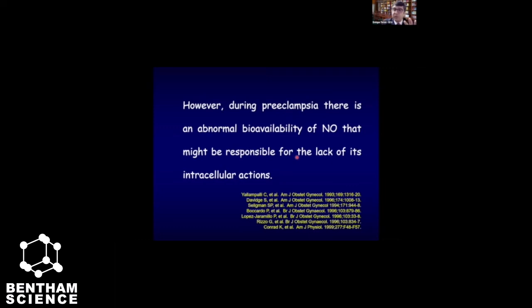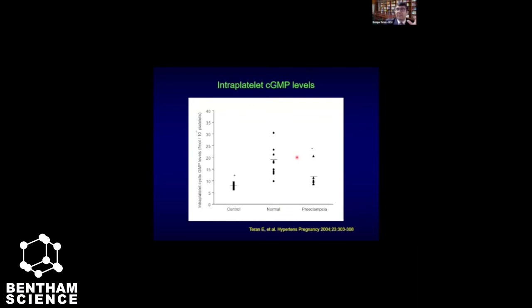So we decided to try to answer this question, and we set up a very interesting model to measure intraplatelet cyclic GMP levels to try to approach what is happening. If there is nitric oxide or there isn't nitric oxide.